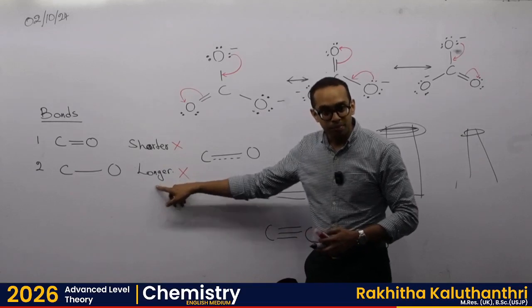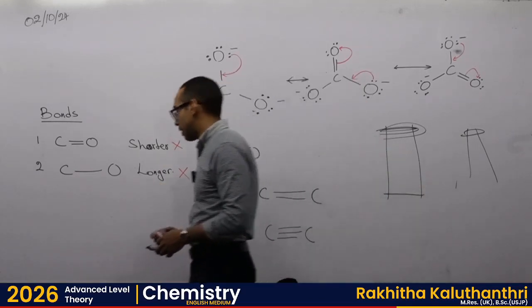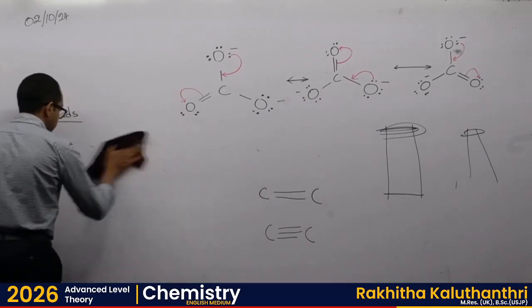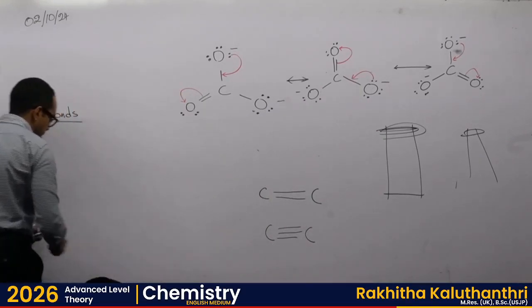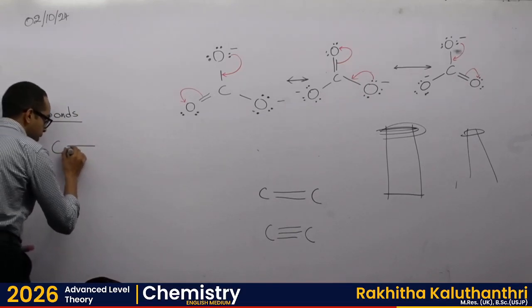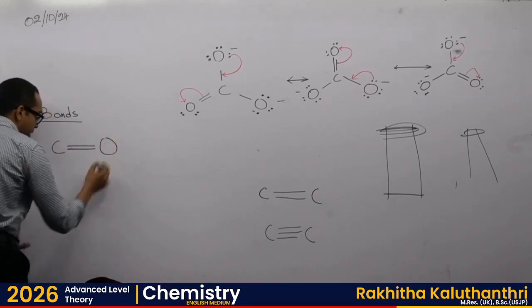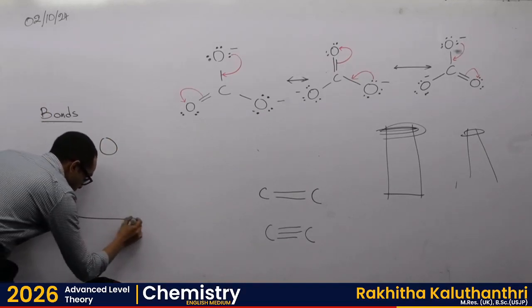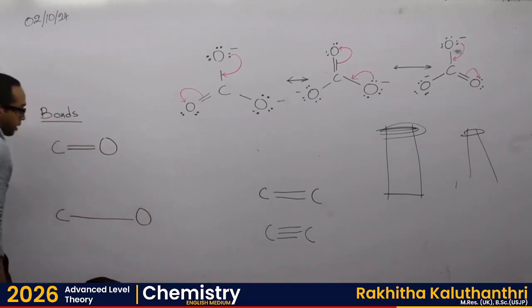Is that clear? So if I draw that diagram, it's like this. If I draw it in proportion, let's say the carbon-oxygen double bond has this specific length and obviously the carbon-oxygen single bond should be longer, right? Like that.